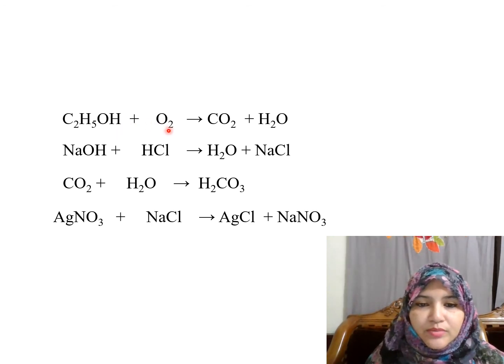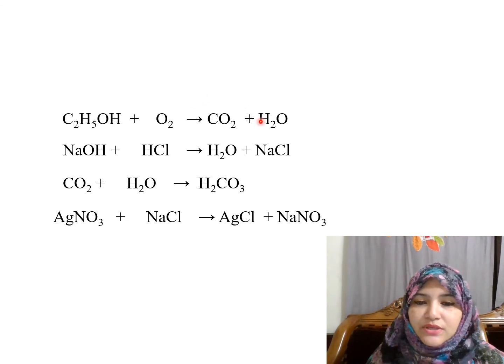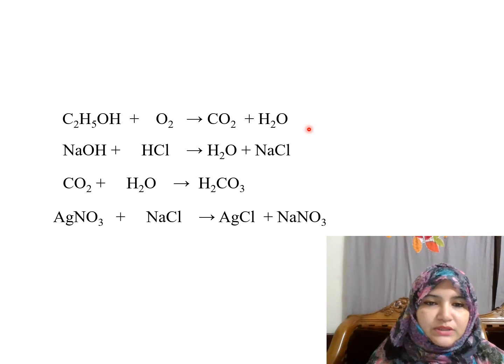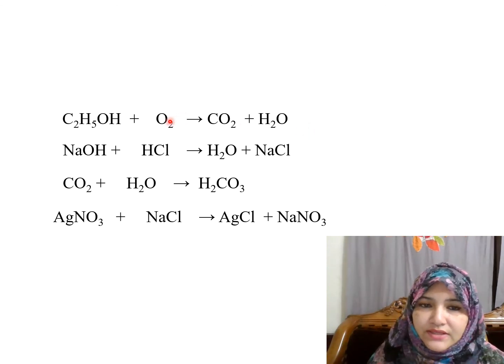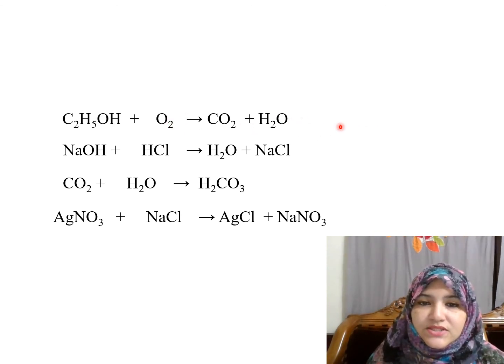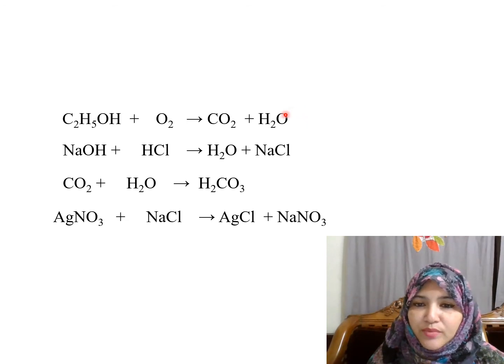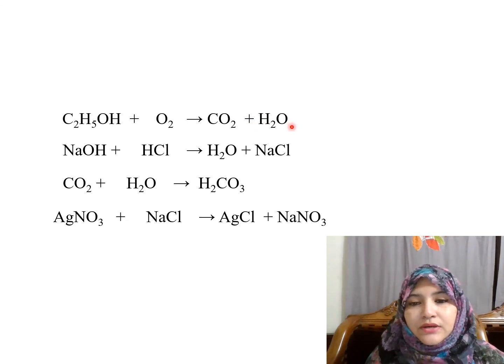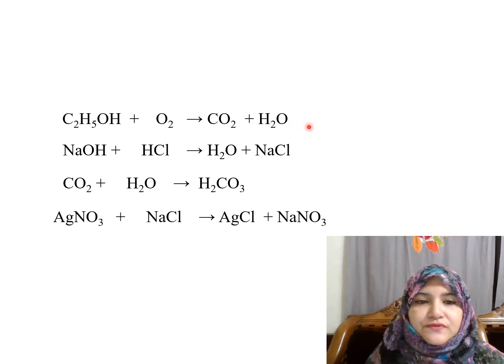When ethanol burns in oxygen, it produces carbon dioxide and water. And here we have a pure element on the reactant side, and then that same element is inside a compound on the product side, in carbon dioxide and also in the water molecule. And so the first reaction is a redox reaction.